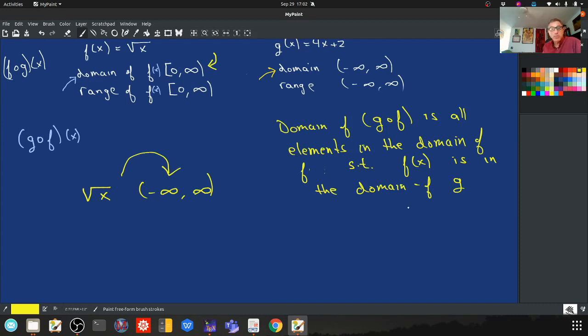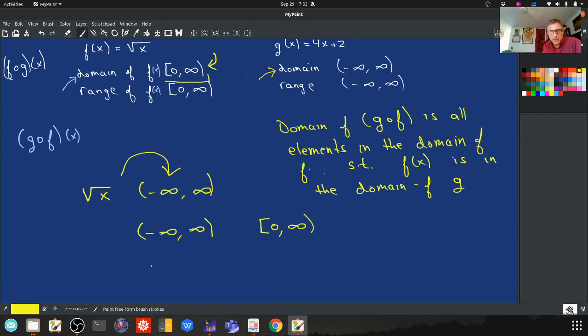So I don't have to have anything to worry about. So I just take the intersection. It's just all values in minus infinity to infinity that are contained in 0 to infinity.